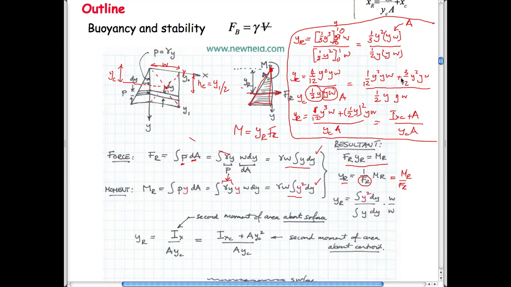So this is what? This is 3/12, which is equal to a quarter. So hence this term here: a half squared is equal to a quarter, y squared. And this is just equal to A times yc squared, right? This is yc squared, and this is A.